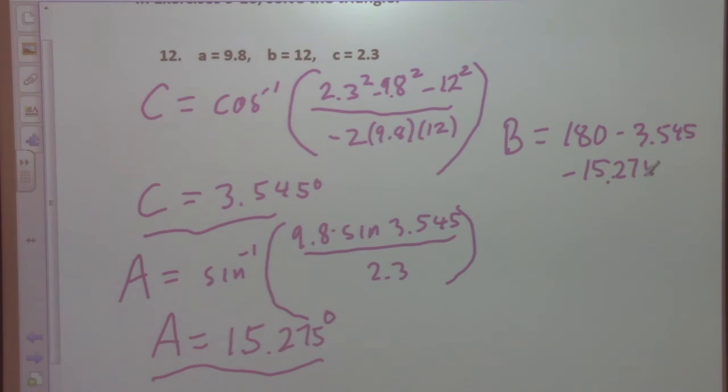So what did you get for angle B? 161.182. Okay, so that's it.